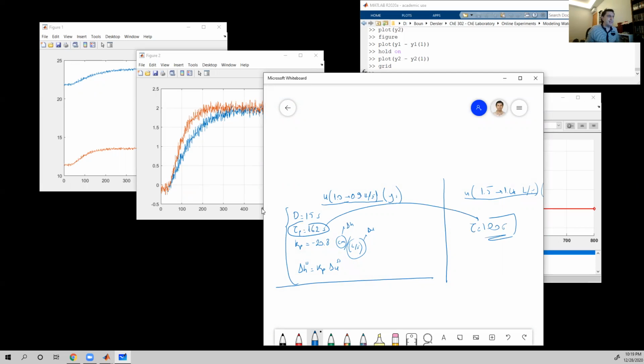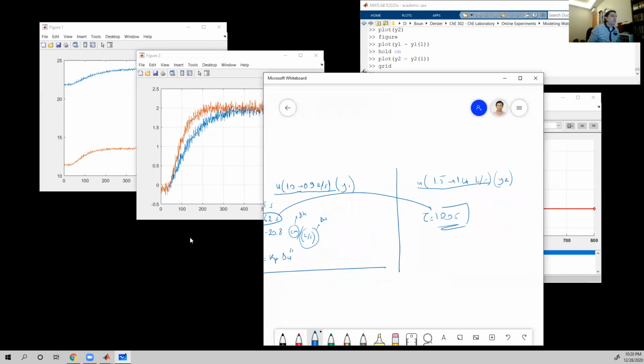But the point is this: I only changed the operating condition from 1 liter per second to 1.5 liter per second. This one box corresponds to a steady state value of 21.8 centimeters, I guess, and this one probably corresponds to 12 centimeters.